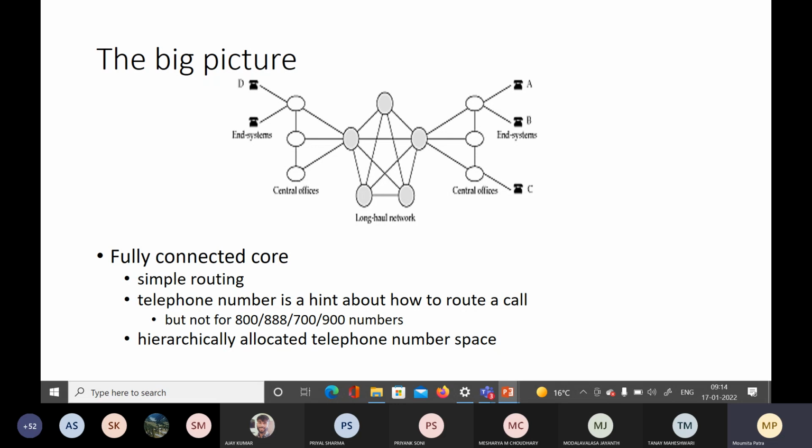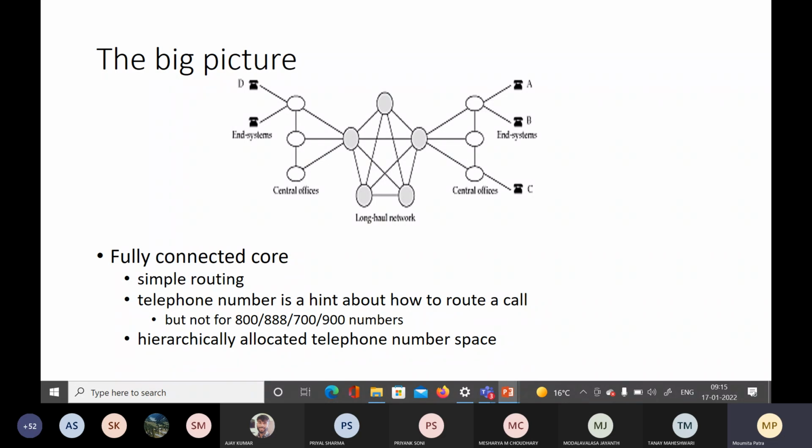If you check the phone number of India, for the ISD code you have a particular code, then for STD you have another 3 digits, and for that particular locality you have one set of 3 digits which defines the particular central office of that locality.